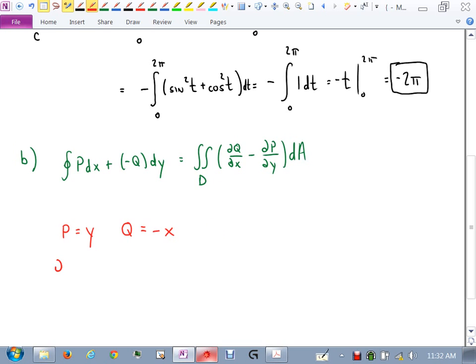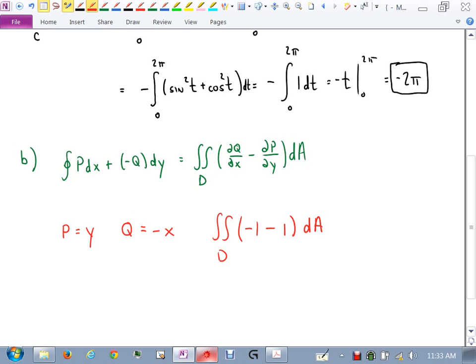So I just need to take some partials here real quick. I'm going to follow the formula here. Double integral over D. What's the partial of Q with respect to X? Negative 1. Minus, what's the partial of P with respect to Y? 1. dA.